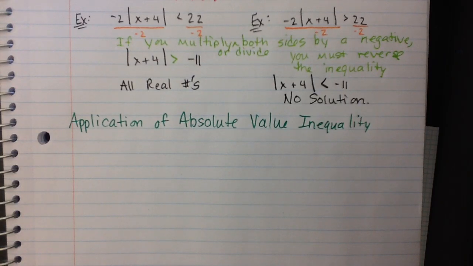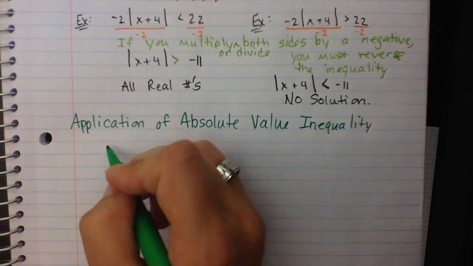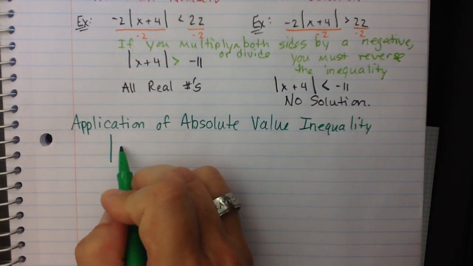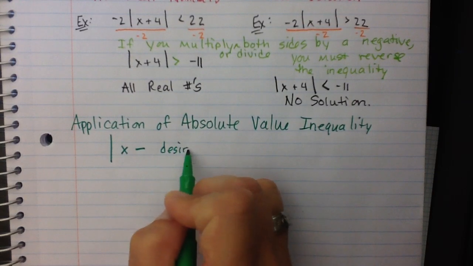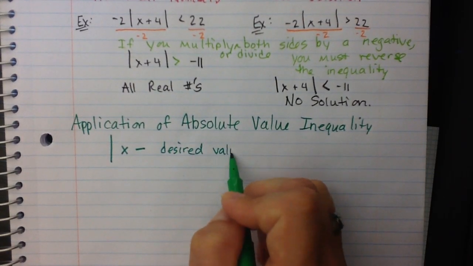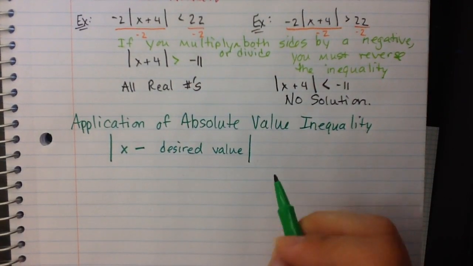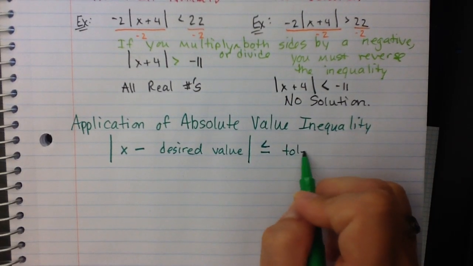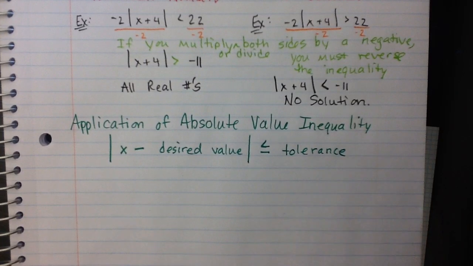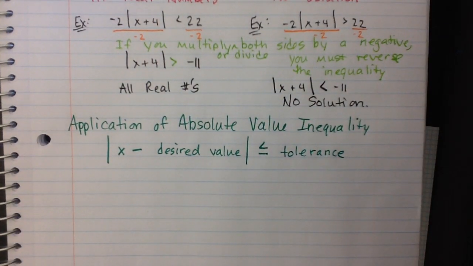Well, the 12 centimeters would be the desired value of the pretzel, and the 1 centimeter would be the tolerance that I'm willing to be off. So here is the way we would set that up: x minus the desired value, which in my case was the 12 centimeters, is less than or equal to the tolerance, which in my case was the 1 centimeter.